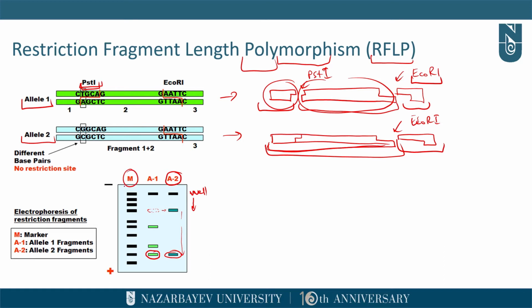The marker lane here shows a kind of standard of the cuts. If you take the DNA content in the well at the beginning of electrophoresis, we will have different sizes of DNA here, and we will be able to compare them to our DNA samples cut by the restrictases.